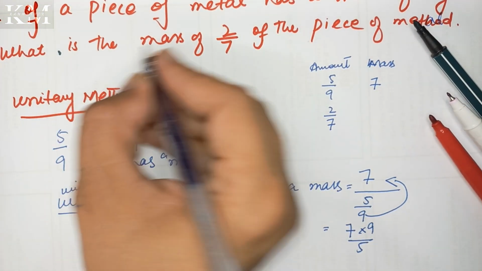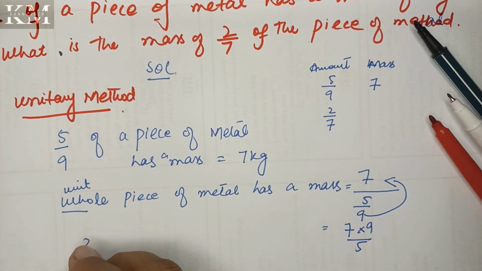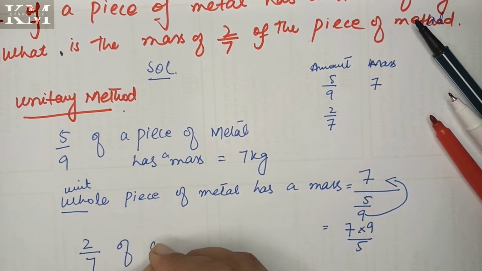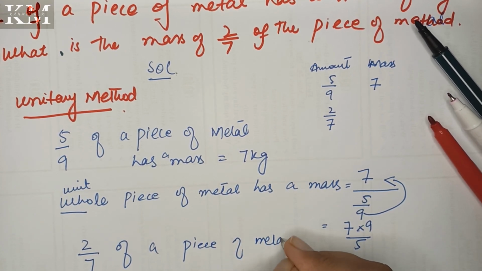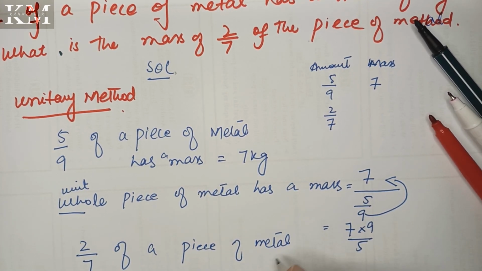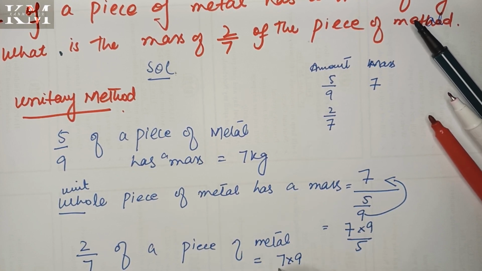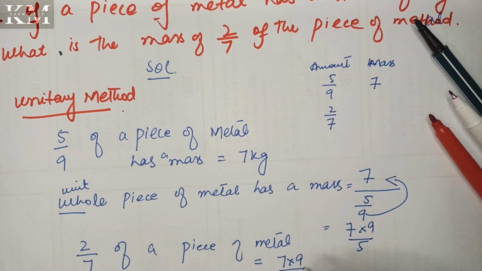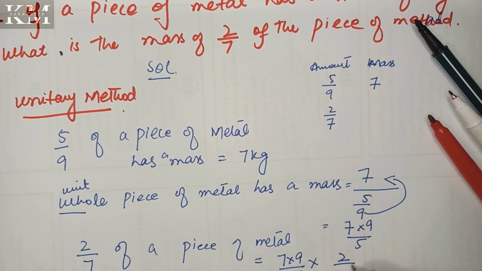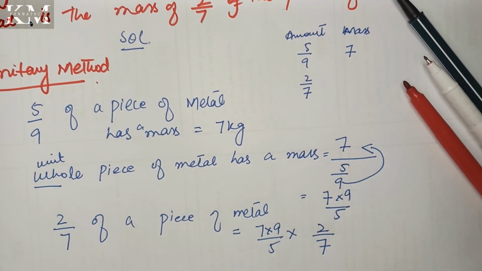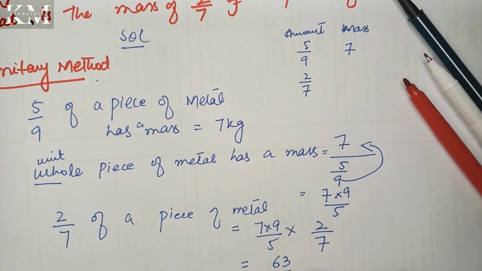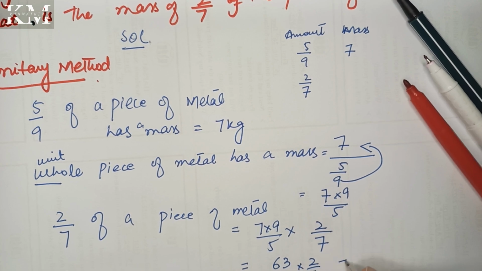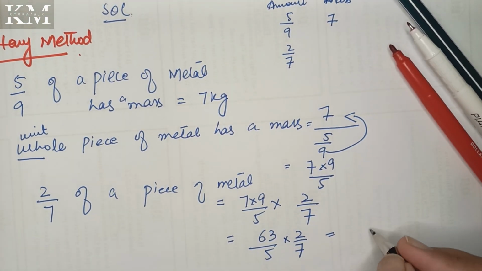Now we are interested in 2 by 7 of a piece of metal. So for 2 by 7 of the piece of metal, 7 multiplied by 9 by 5 was for 1 whole, and we have to find for 2 by 7, so we multiply it by 2 by 7. Now we will simplify it: 63 by 5 into 2 by 7.